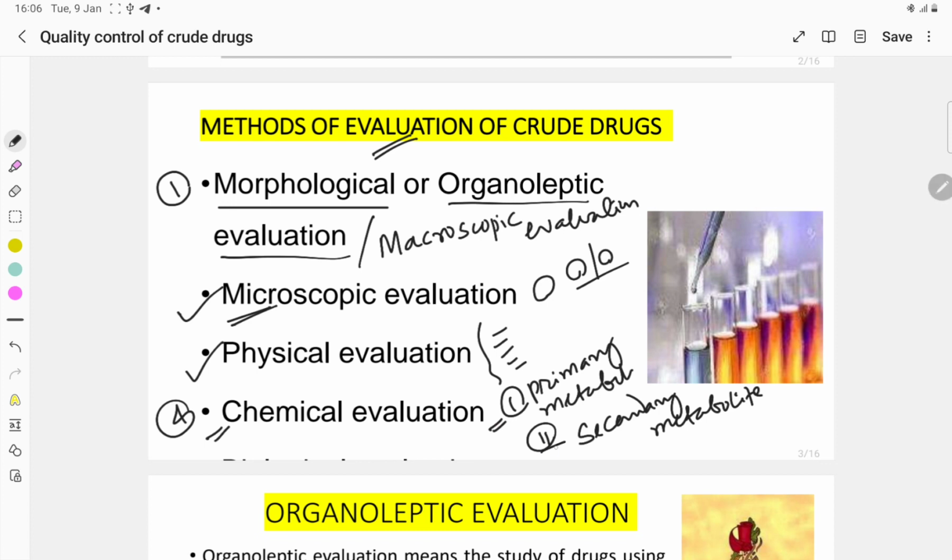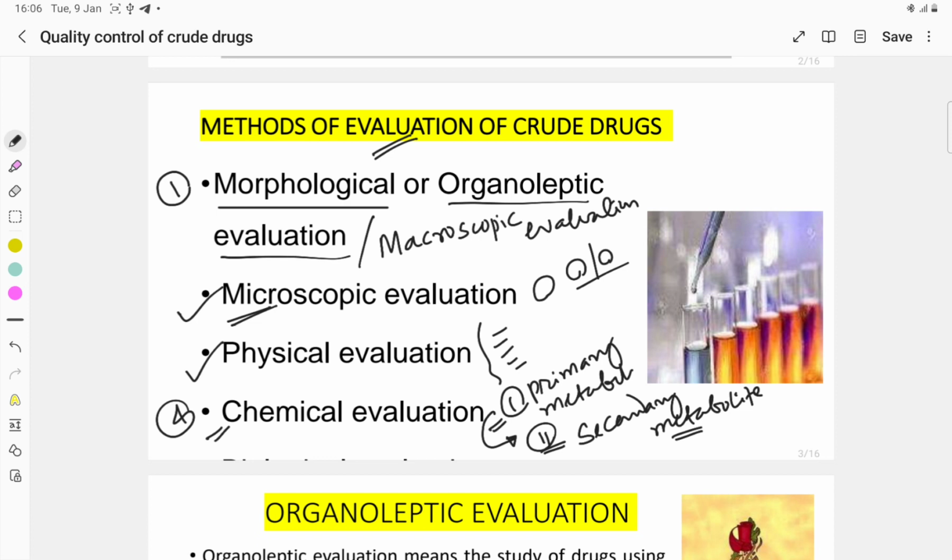Whereas secondary metabolites are a group of chemicals that derive from the primary metabolites by a certain pathway, popularly known as the secondary metabolic pathway, to produce secondary metabolites. The secondary metabolite is important for the plant, and it is also very important to animals and human beings because we use the drug.